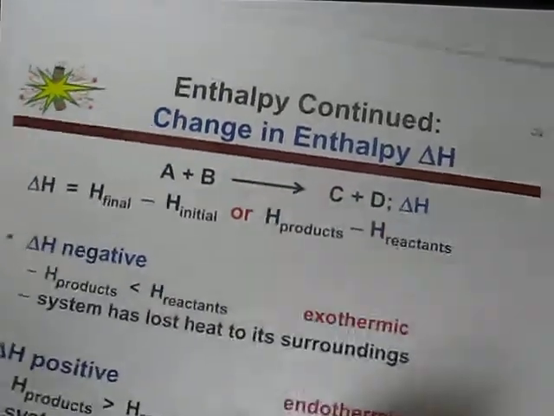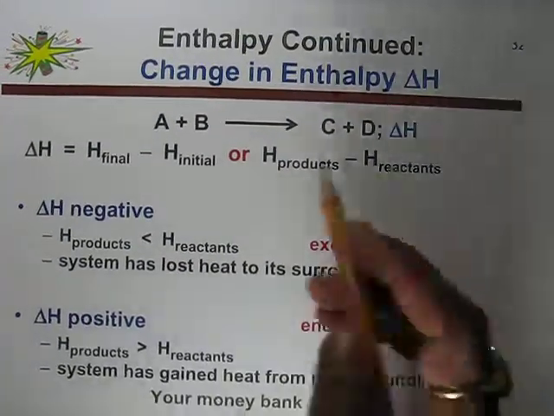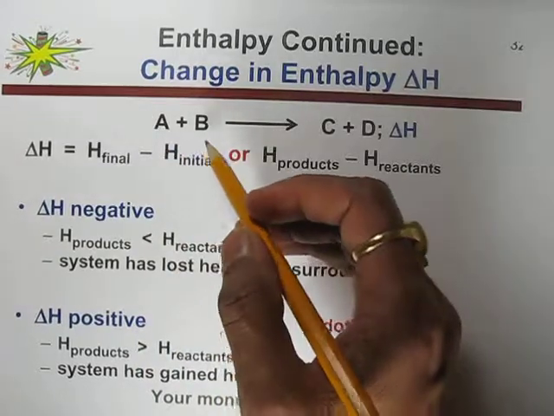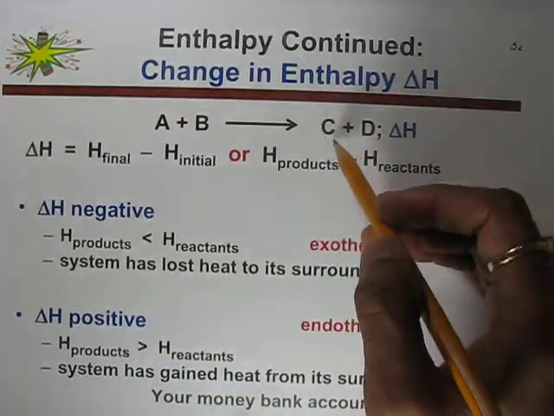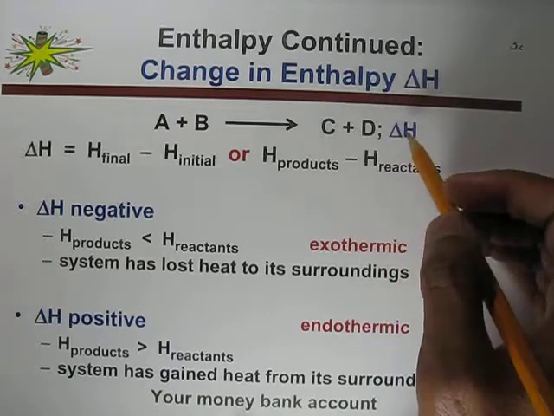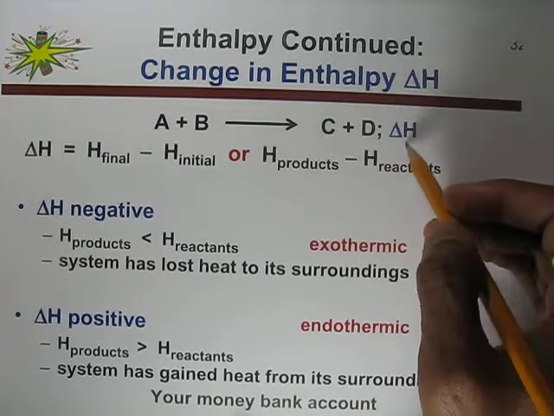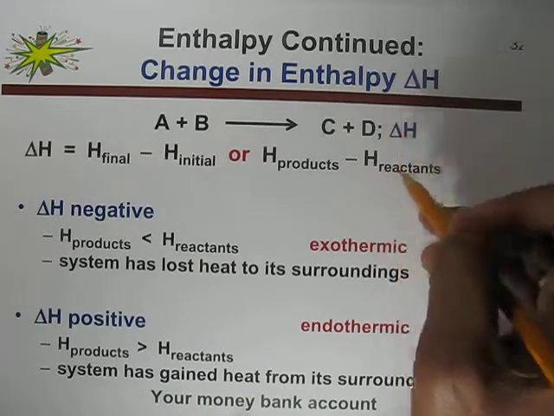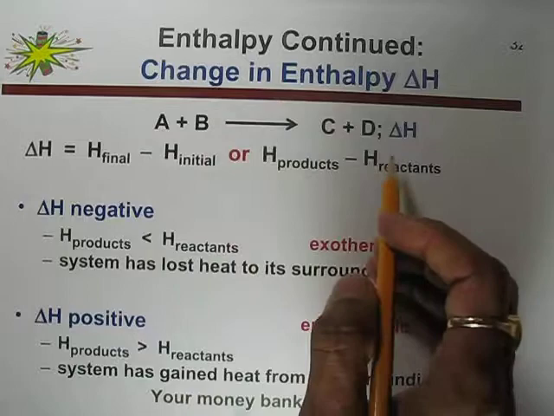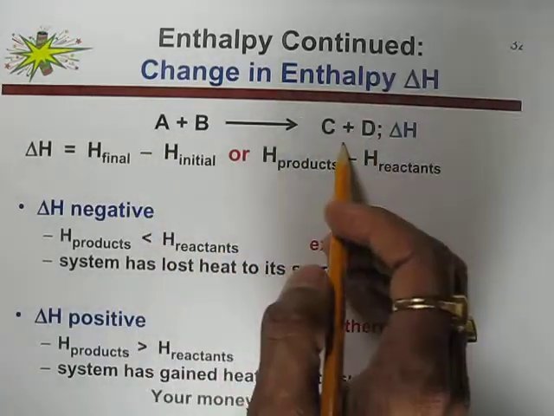So let's take an example. If A and B, two reactants, are working together to form two products C and D, and the total change in enthalpy is delta H. Now you can see there is no sign, so it will be a positive sign. How do we calculate delta H for this reaction?